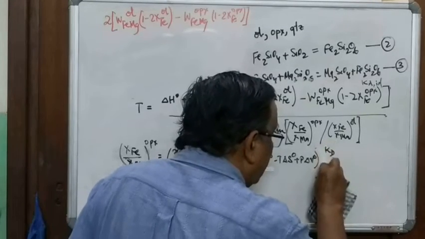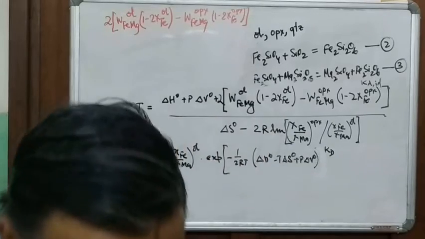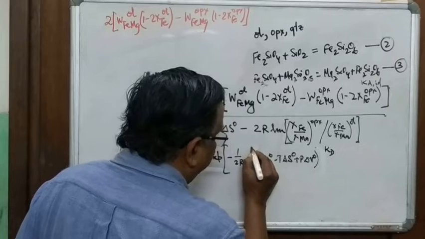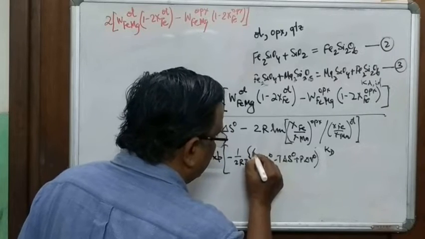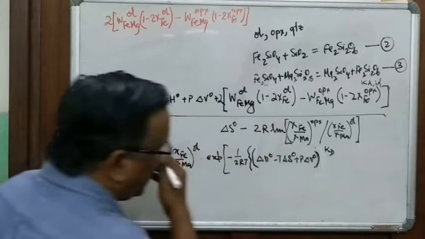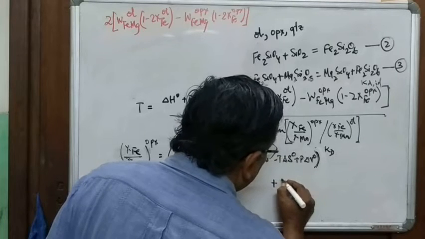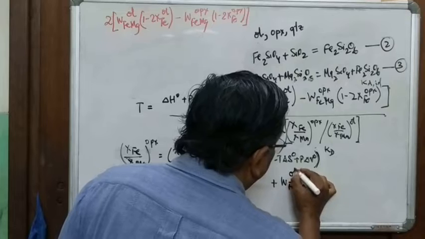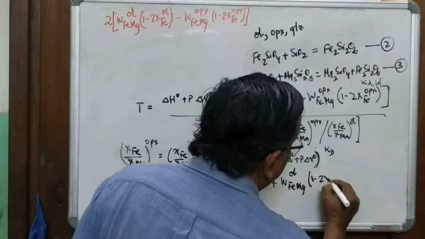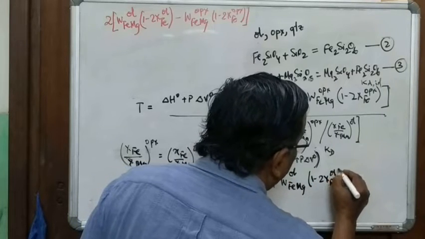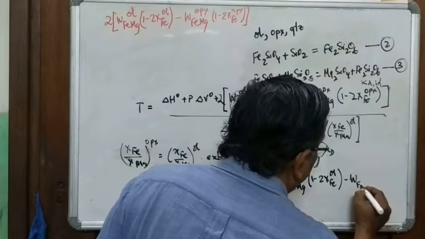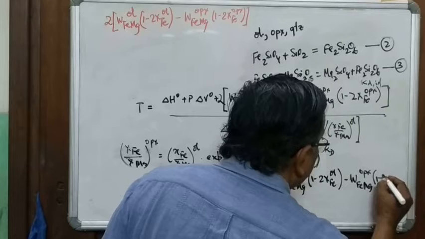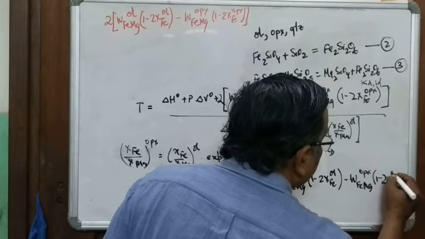This will not end here. Instead, you will have this type of situation, plus WFEMG olivine into 1 minus 2XFE olivine, minus WFEMG OPX into 1 minus 2XFE OPX.